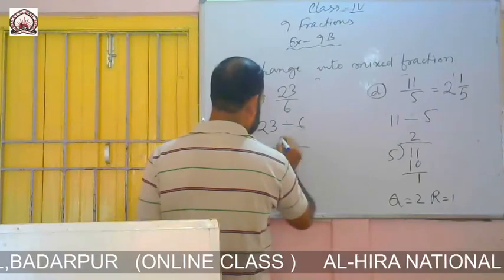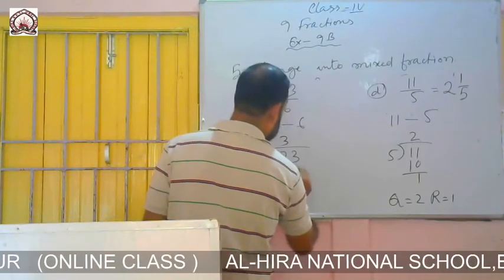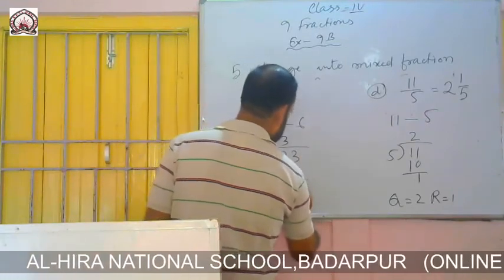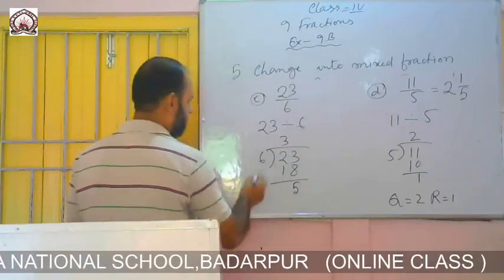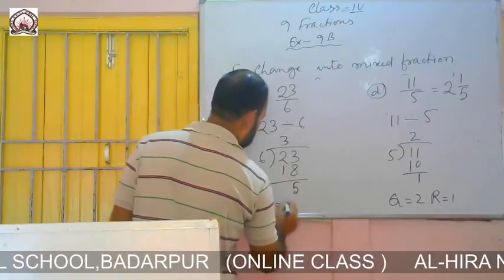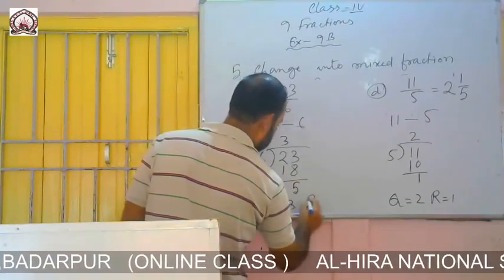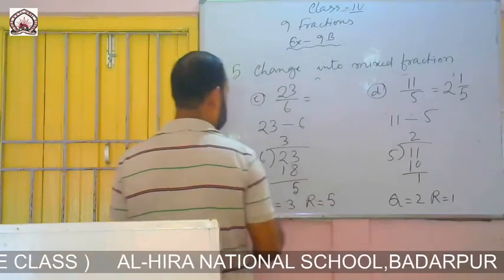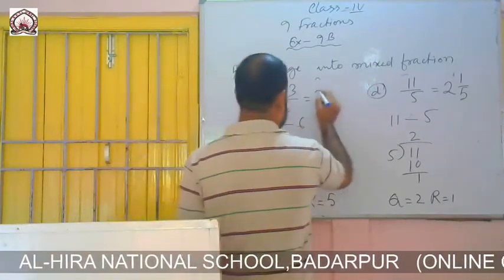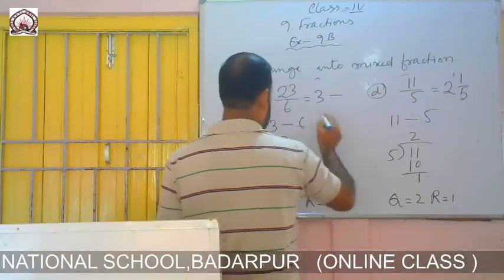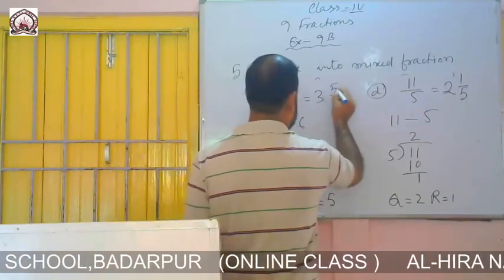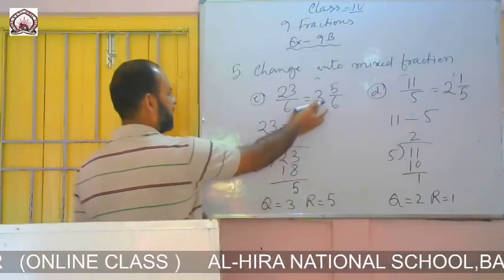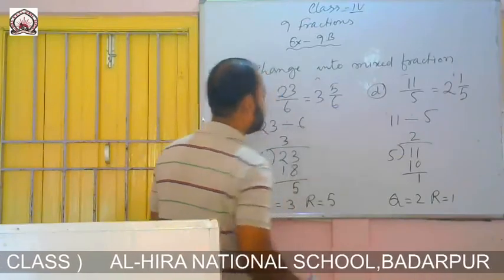So 6 3s are 18, remainder is 23 minus 18, which is 5. So Q equals 3 and R equals 5. The mixed fraction is 3, remainder 5, and the denominator always remains the same. The mixed fraction is 3 5 by 6.